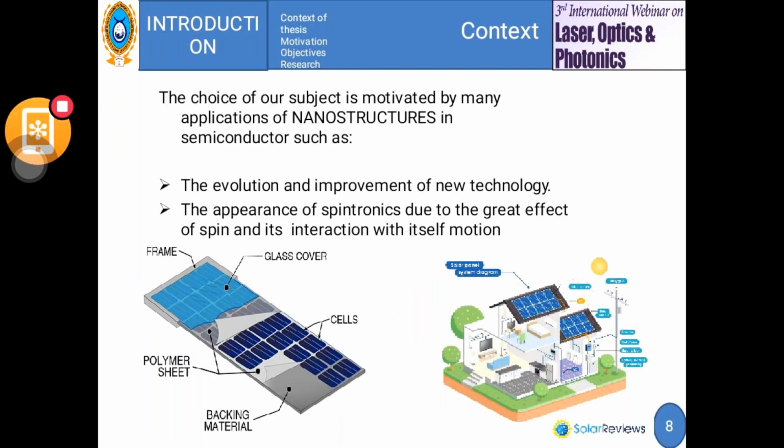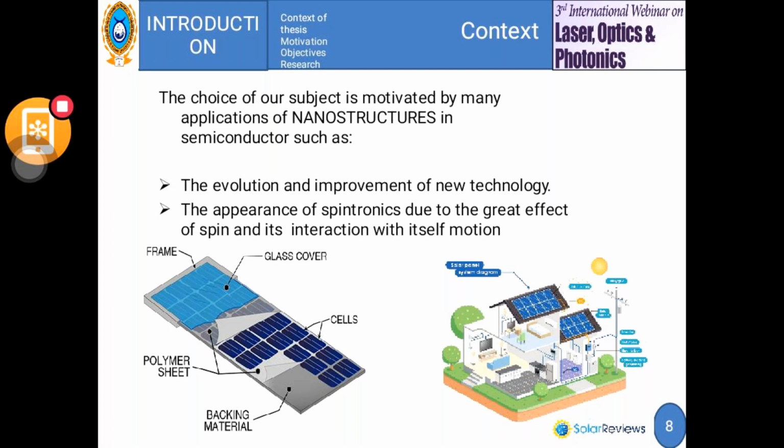The choice of our subject is motivated by many applications of nanostructures in semiconductors. One of our projects is based on the modification of solar panels to integrate quantum dots and take into account the spin interaction.